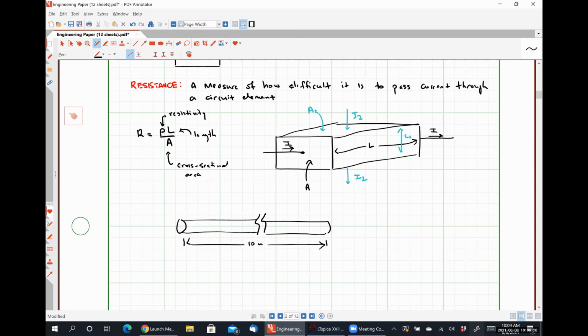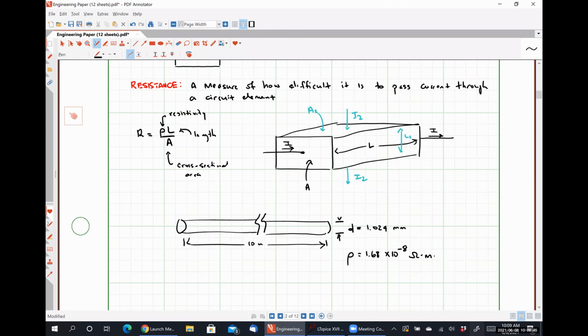It has a diameter of 1.024 millimeters, and it is made of copper, where copper has a resistivity of 1.68 times 10 to the minus 8 ohm meters.